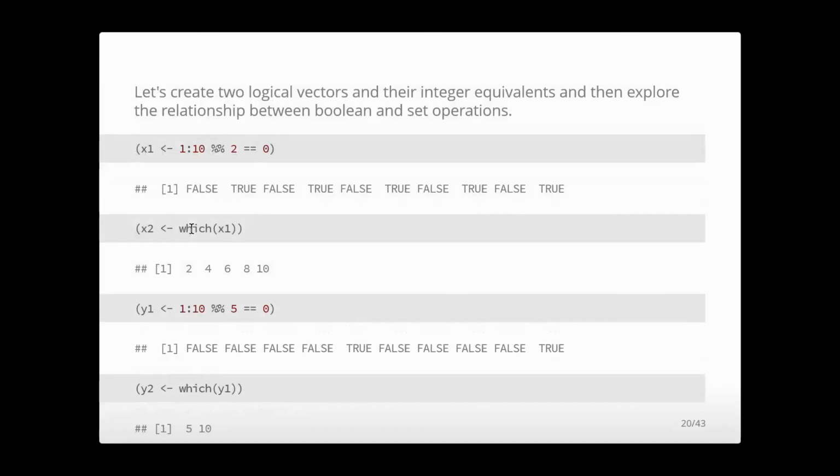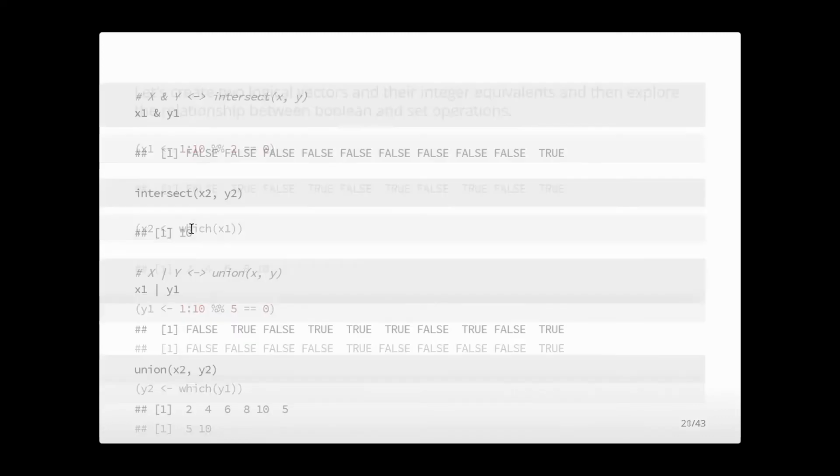So it's going to be false for everything except for the last one, which is true. And that's the same as doing the intersection. The intersection of 2, 4, 6, 8, 10, and 5 and 10 is 10. The OR over here is the same as the union. So here it's going to give us false, true, true, true, false, true. The union of 2, 4, 6, 8, 10, and 5 and 10 is 2, 4, 5, 6, 8, 10.